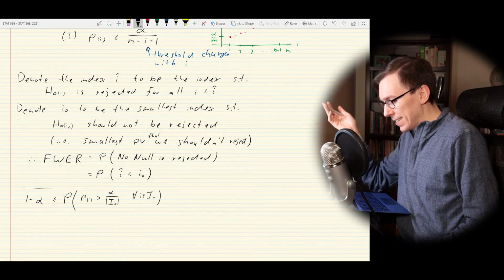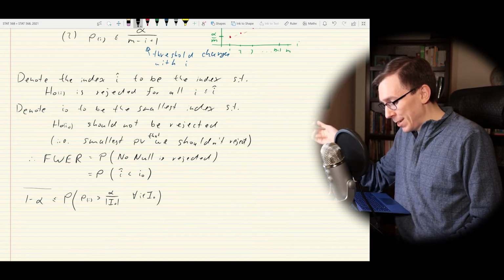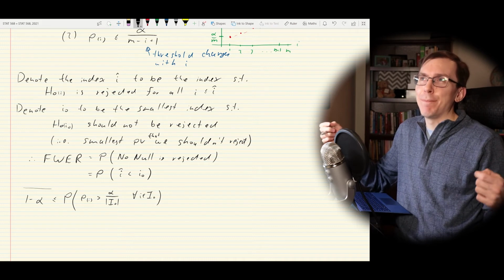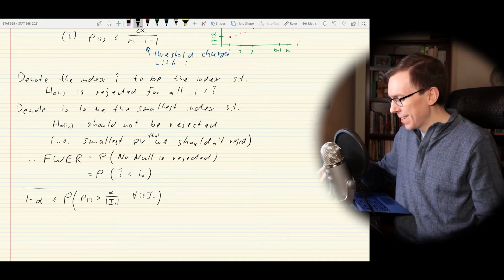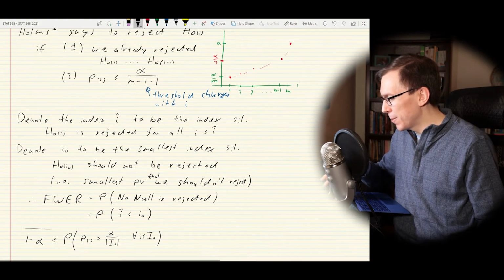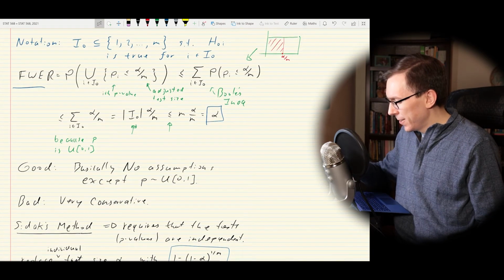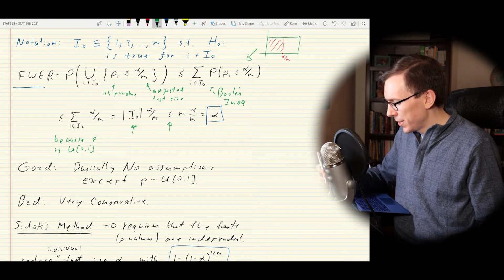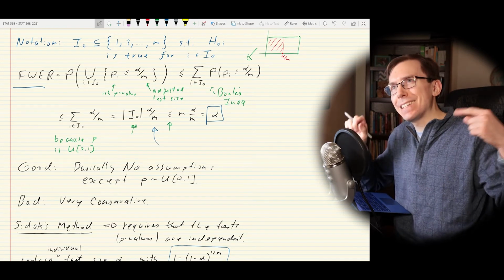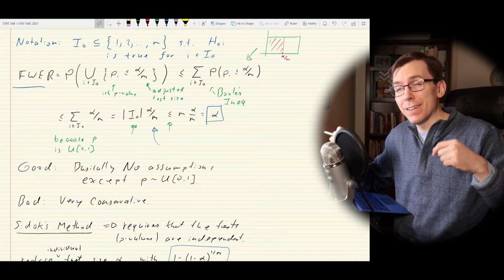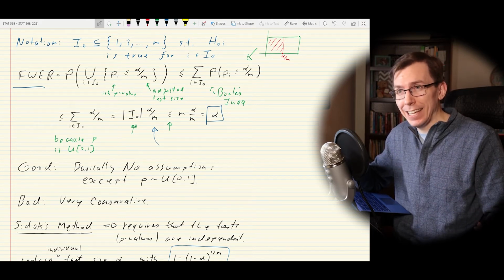Well, I naught is the number of nulls. Basically I'm doing an optimal Bonferroni correction, because if we pause for a second and go back up to Bonferroni's method, it said I should divide by m, but the best thing I could do would be to divide by the number of true null hypotheses, which is not m.